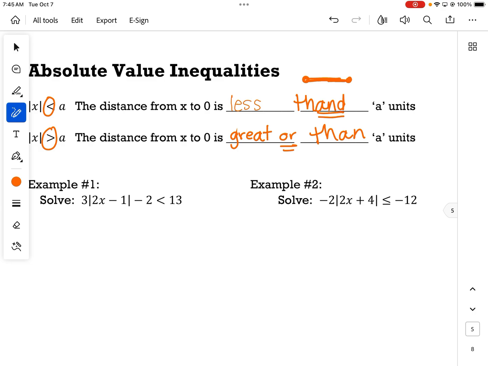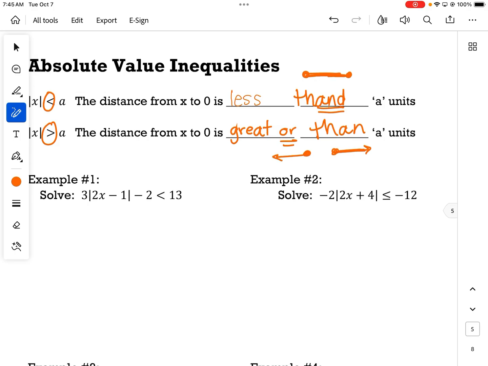So greater than is going to be shading opposite directions. So great or than, less than is going to help us. Okay, so you're going to have to look at what the symbol is.